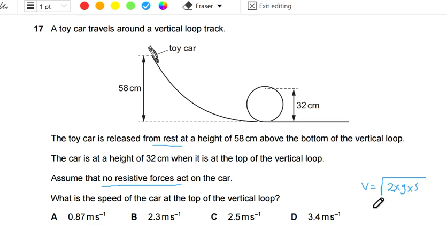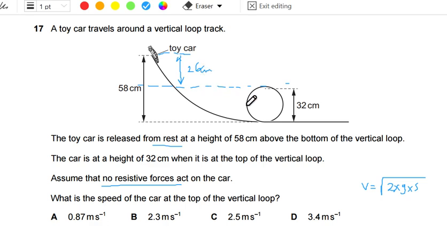We want s here. S will be at the top of the vertical loop. If we have this vertical distance 58 and this 32, so at the top the car from rest moved a distance of the difference, okay, which is 26 centimeter.